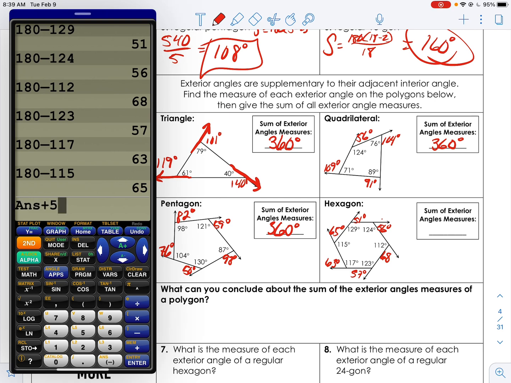So we got 65 plus 51 plus 56 plus 68 plus 57 plus 63 plus 65.